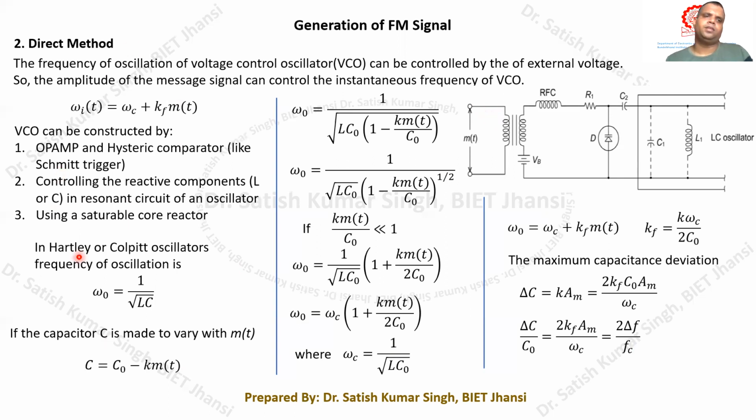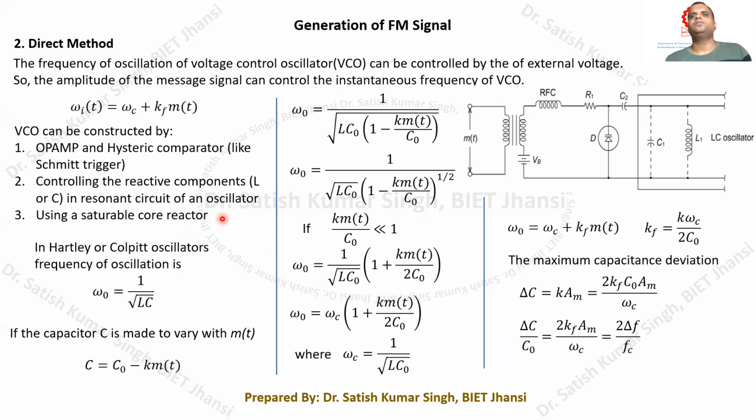In a similar way, in the saturable core reactor, we control the inductance of the core based on the current in another core. That way we can control the inductance value, and therefore the oscillation frequency of the oscillator. So this way we are generating the FM signal.